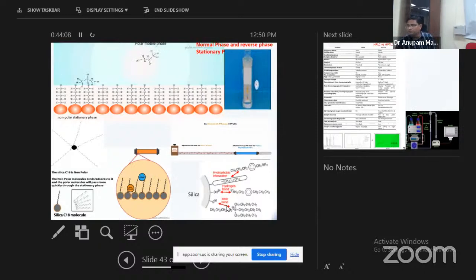The mobile phase can be a mixture of solvents, and it can also be a single solvent system. In this graphic, you can see the stationary phase. The non-polar compound eluted faster, and the polar compound is going very slowly because it has strong affinity with the stationary phase.